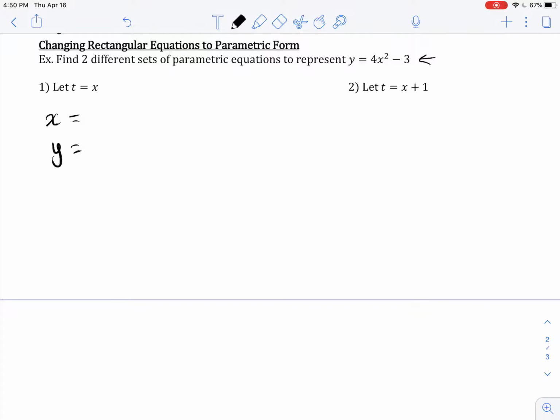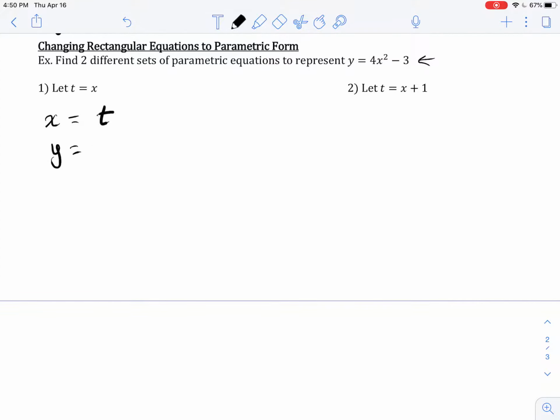Well, don't make this any more difficult than it needs to be. There is no rule that says that your x equation has to be anything super complicated. Why can't we just let x be some function of t? Specifically, let x be equal to t. And yes, it could be that easy. If that's the case, what does y have to be?